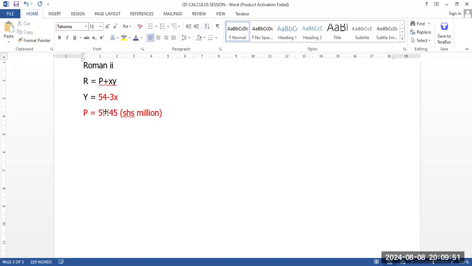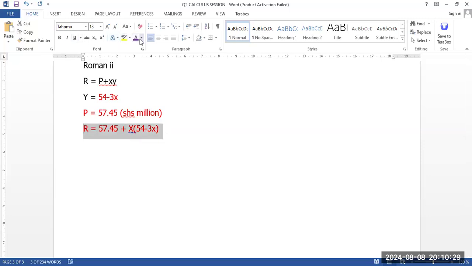So we substitute. R, that is total revenue, will be equal to, where there is P, we put 57.45, then plus X into 54 minus 3x.